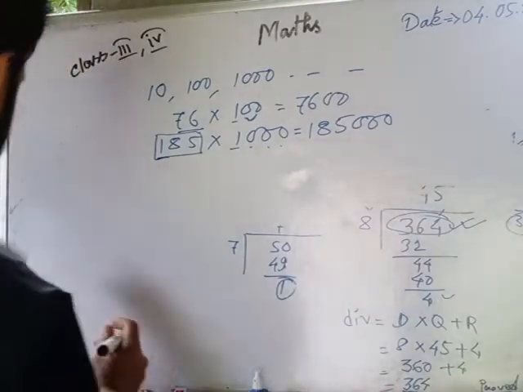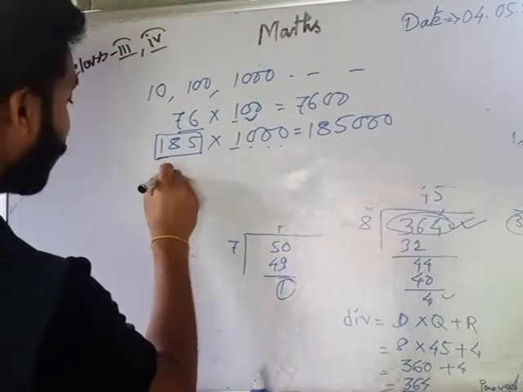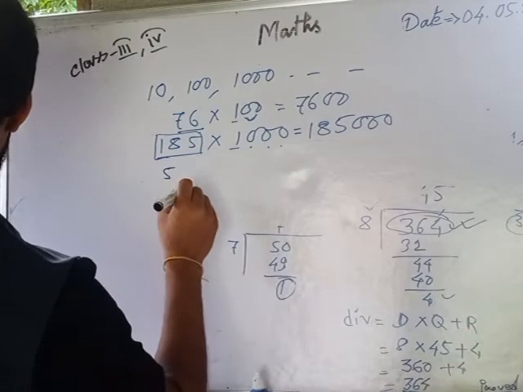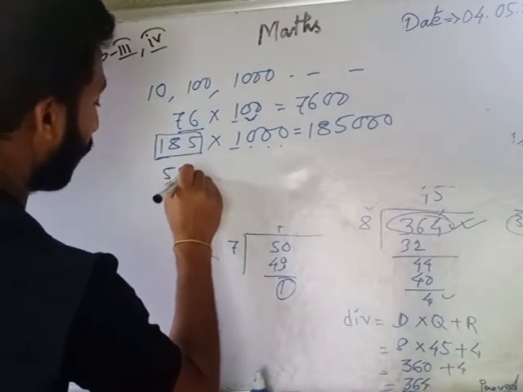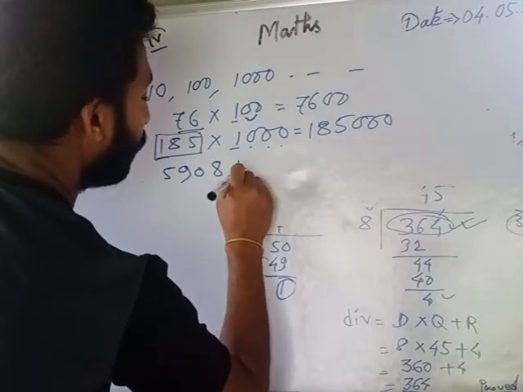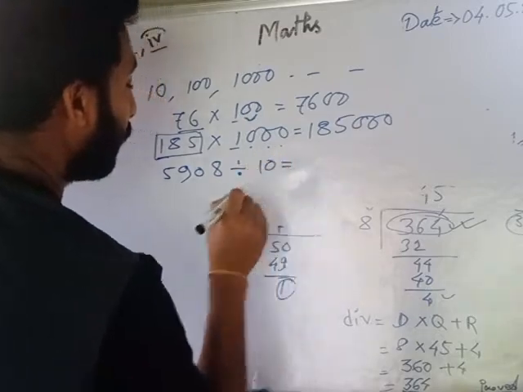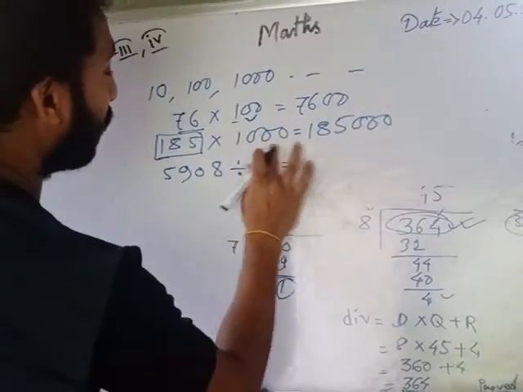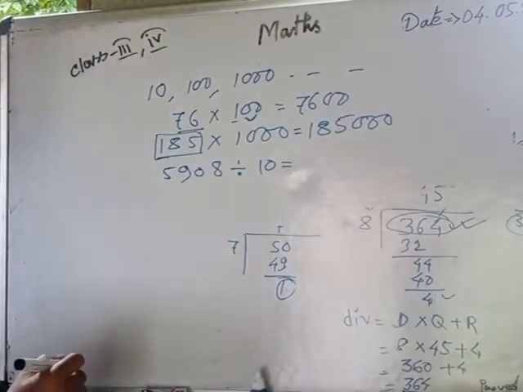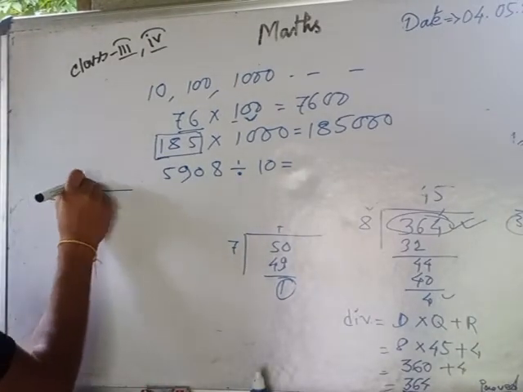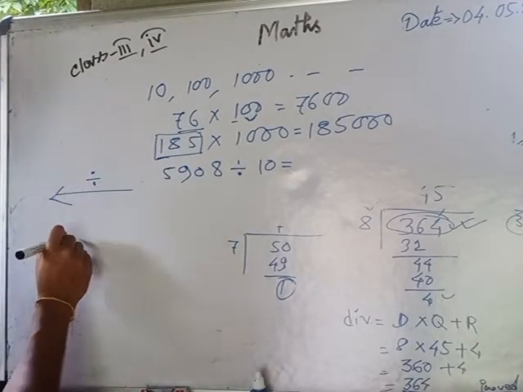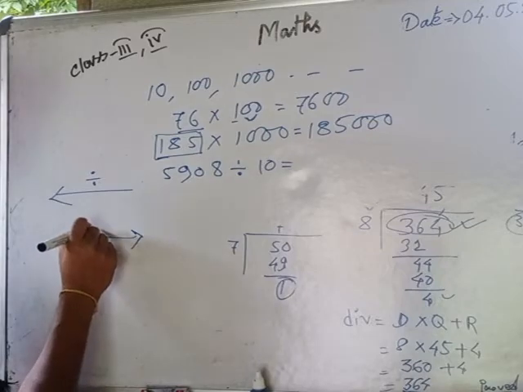Okay. Do you understand? So let's do it. Division. 5908. If divided by 10, that means the point goes back one digit. The point goes back if it is divided. The point goes forward when it is multiplied.